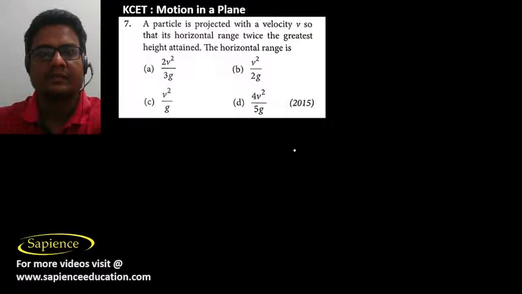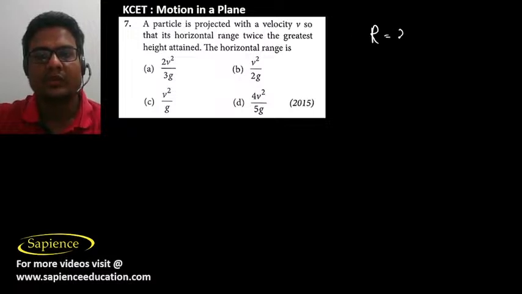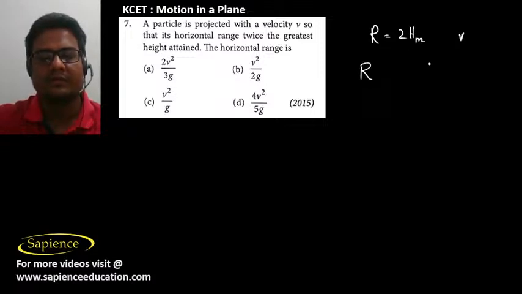Then the seventh question is, a particle is projected with a velocity v so that its horizontal range is twice the greatest height attained. The horizontal range is then asked.